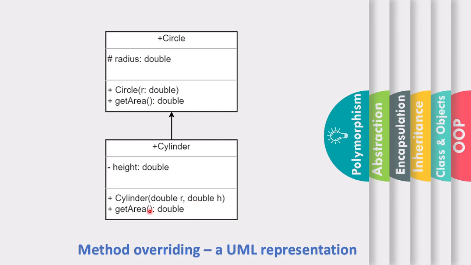In this example, the getArea method is given in the cylinder subclass as well as the circle superclass. The cylinder class's getArea method is overriding the getArea method of the circle, the superclass, which is method overriding.